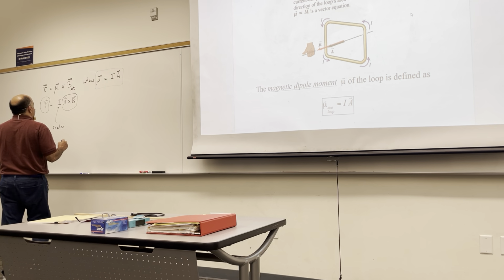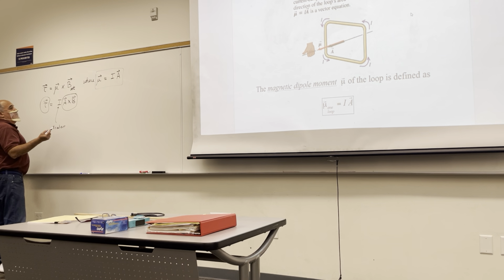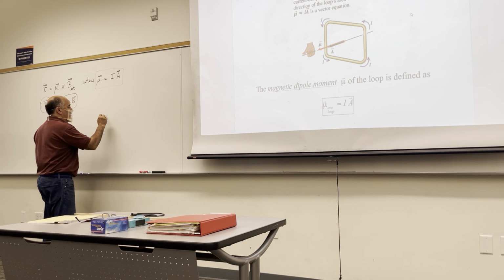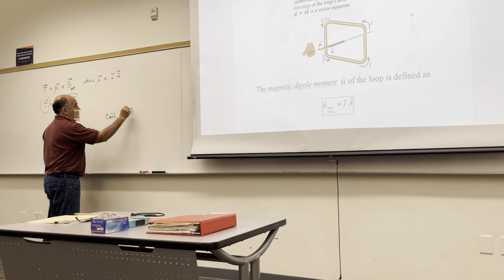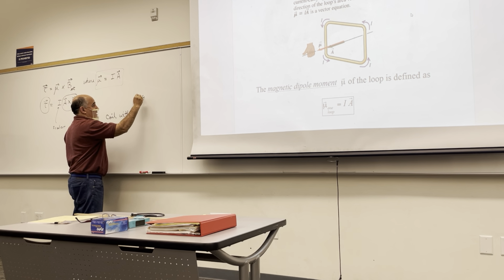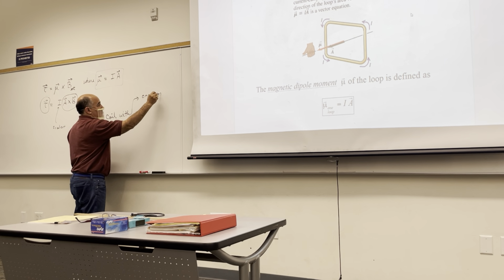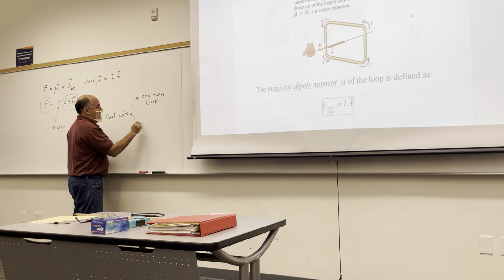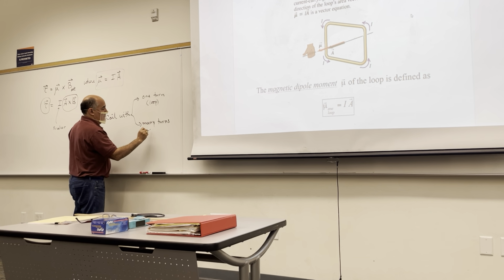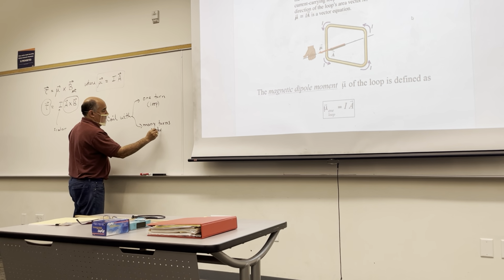Sometimes what you consider is a coil. So you can have a coil with one turn, well, I guess you can just call that a loop, or many turns, like n turns, for example.